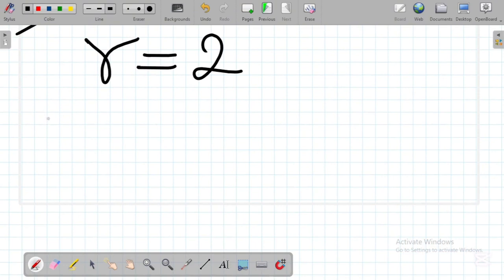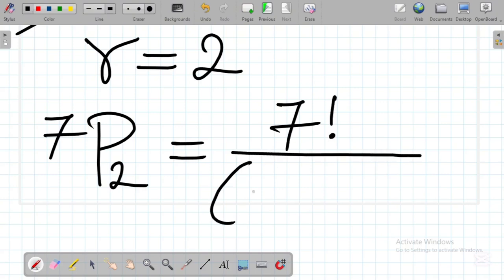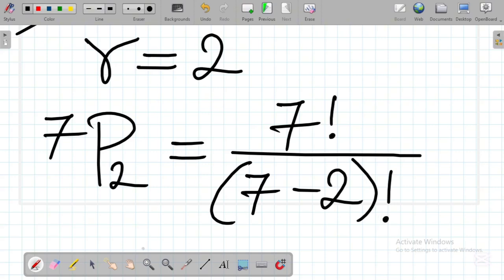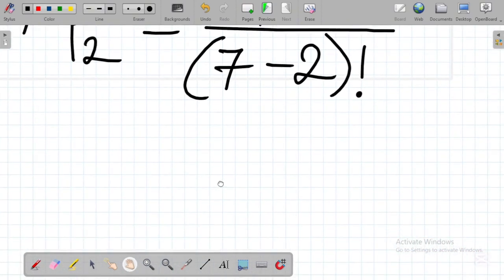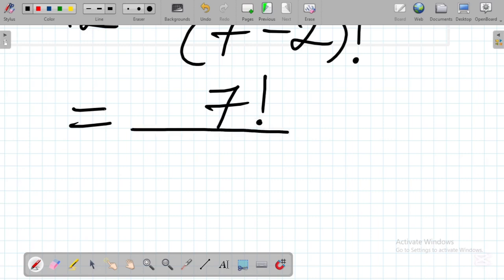So we have 7 permutation 2 is equal to 7 factorial all over 7 minus 2 and then factorial. So we have 7 factorial all over 7 minus 2 is 5 factorial.